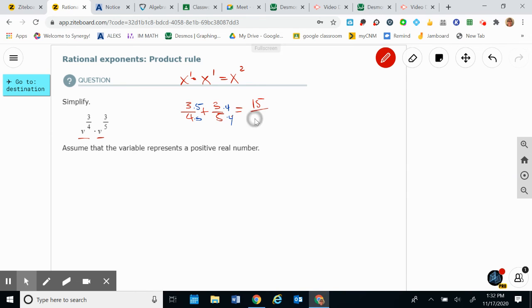So we get 15 over 20 plus 12 over 20, which is equal to 27 over 20. And so you're going to get v to the 27/20. Notice I pulled it out to do that. I think it's easier just to pull out the fraction. Also, there is a quick way to do this.